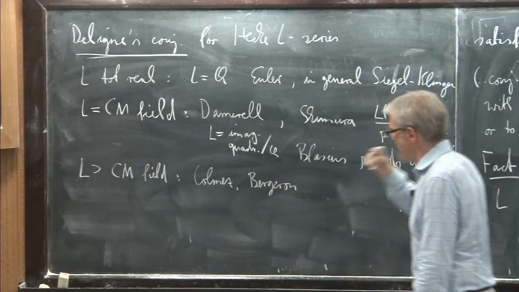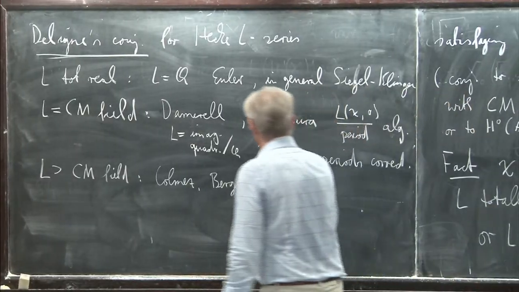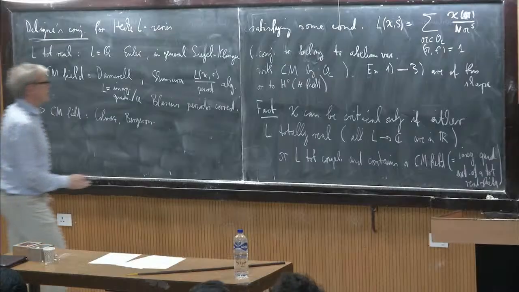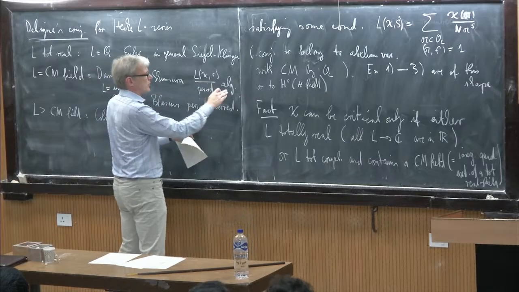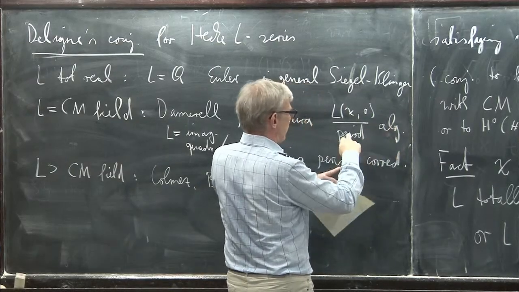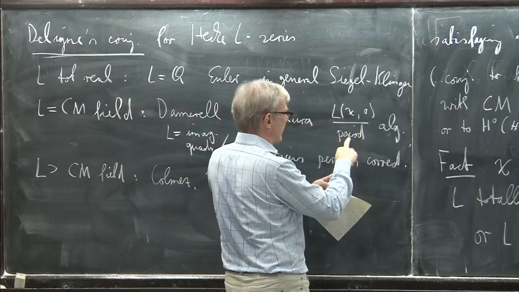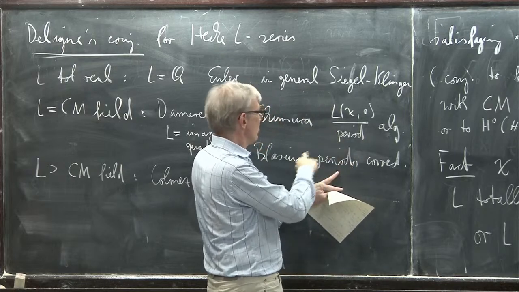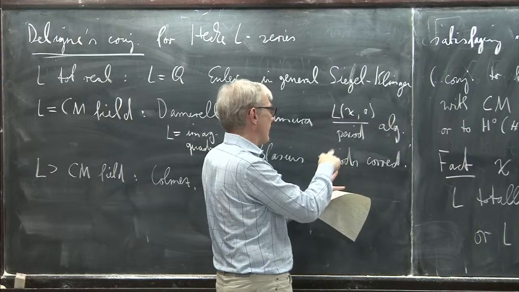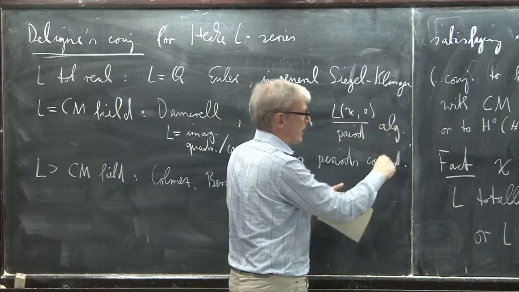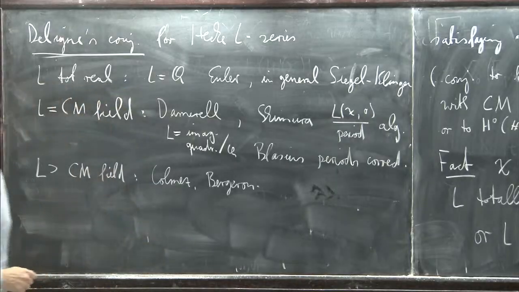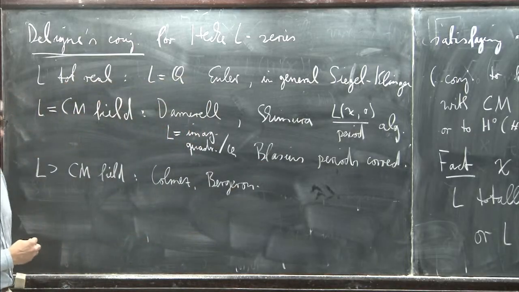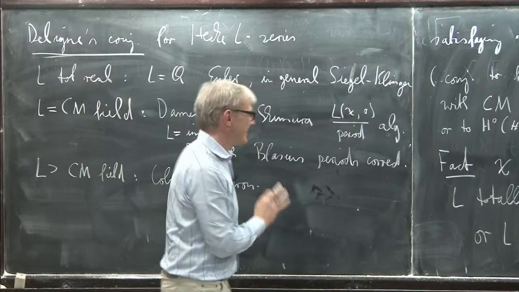Blasius shows that you can correct the periods slightly to get the right periods in the sense of Deligne, and that the algebraic number is the correct one as predicted by Deligne. So there was some work to do after that was shown. It's not so little, in fact. It's very, very technical.